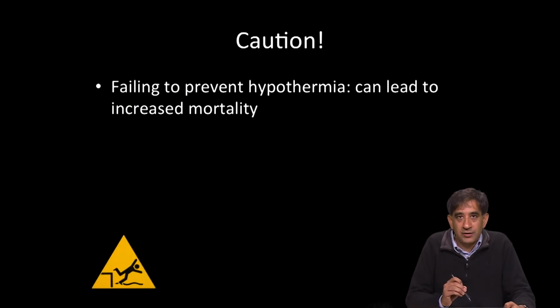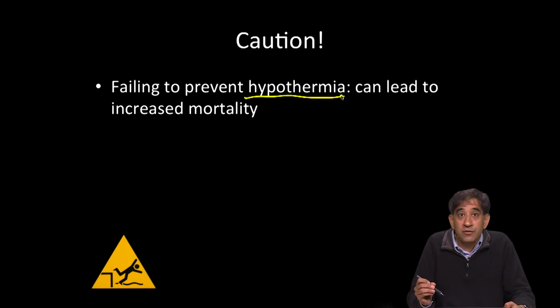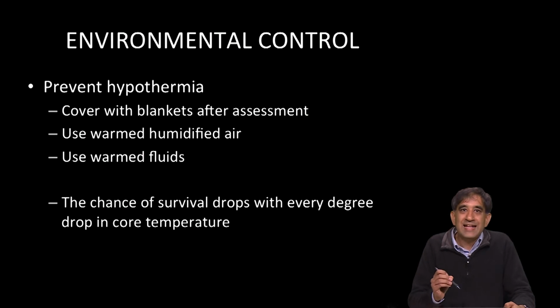Another potential error in the treatment and evaluation of trauma patients is allowing the patient to become hypothermic. And if we do that, if we allow them to lower their core body temperature, this can lead to increased mortality. So it's very important in terms of preventing hypothermia to, once you remove all the patient's clothing, cover them with blankets.